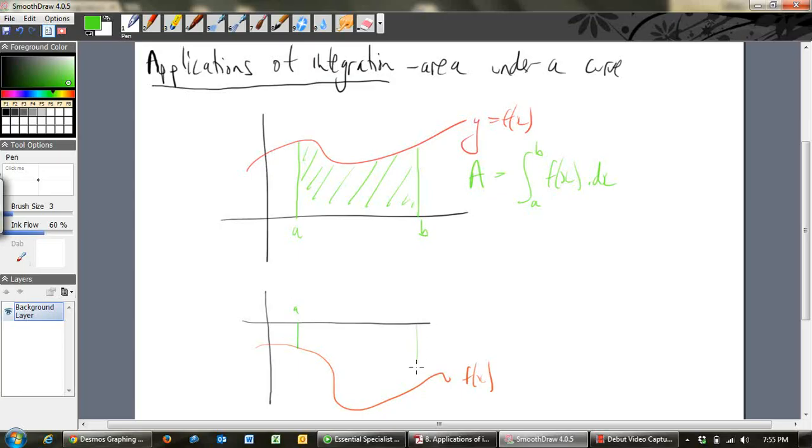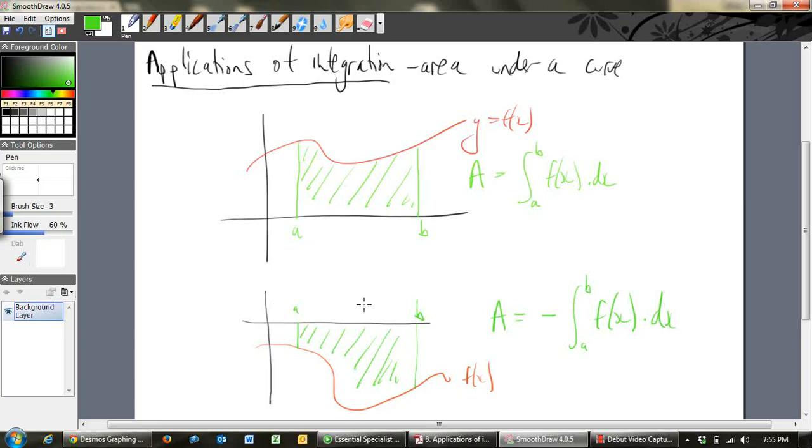So if you're asked to find an area that's below the x-axis, then what you need to do is get the negative of this, because otherwise you'll get a negative result for the area.